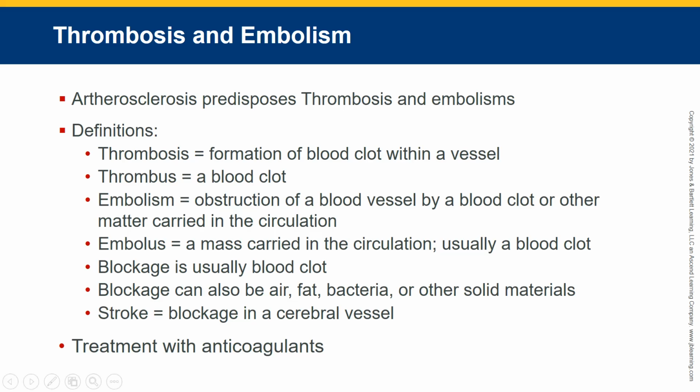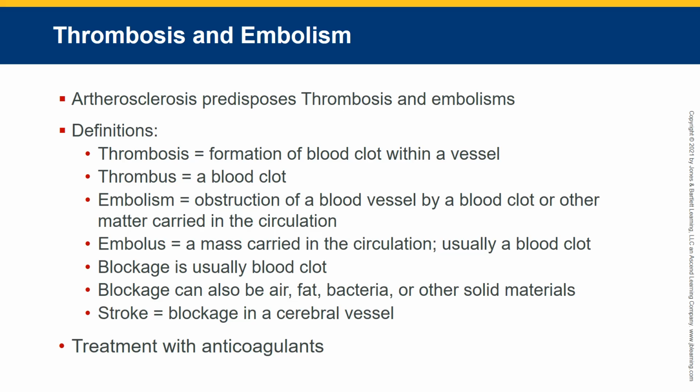So you can see a pattern here. And then we talk about a blockage. That's a complete blockage or a complete obstruction. Most often a clot, but it can certainly be a plaque or something else. And when you have that complete blockage, we're going to end up seeing that called a stroke. So when you hear people saying they have a stroke, it is a blockage in the cerebral blood vessels, the ones to the brain.